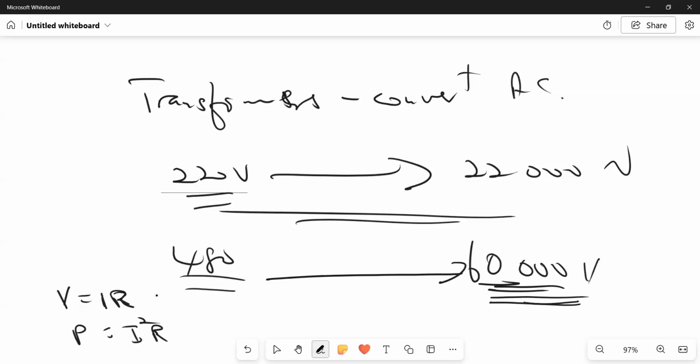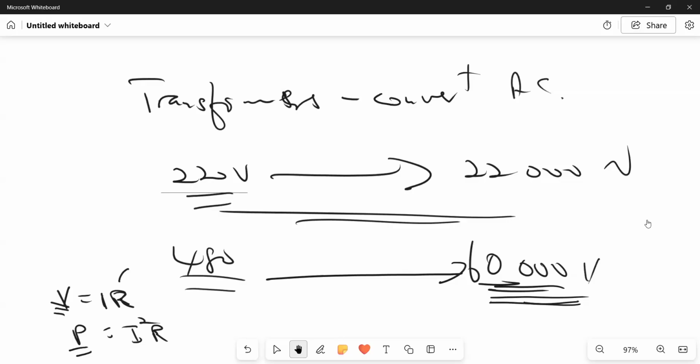If you have a transmission wire that has a certain resistance, and the voltage is very, very high, V equals I, yes. What that allows you to do is to limit the current. Okay, let's take this.